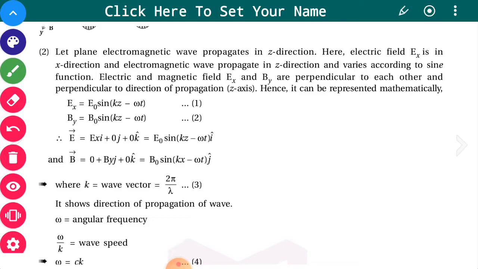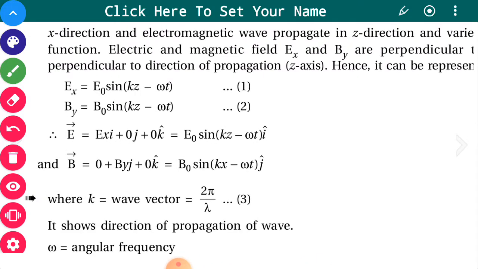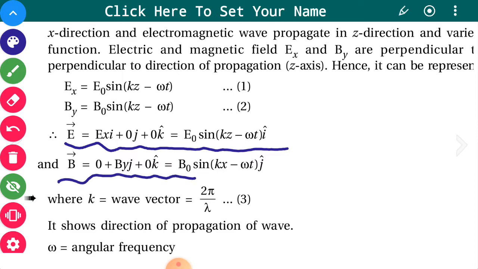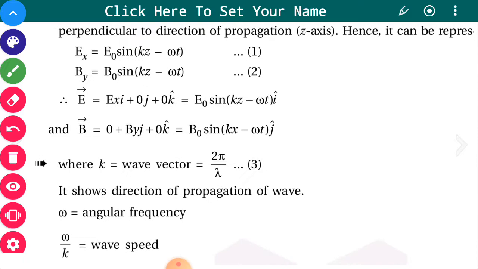It has only an x component, therefore we can write in vector form E = E0 sin(kz − ωt) i cap. Similarly, the magnetic field has only a y component, so B = B0 sin(kz − ωt) j cap.